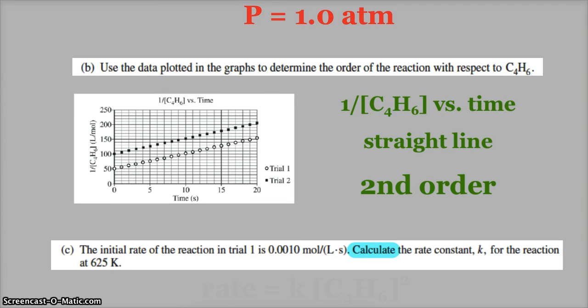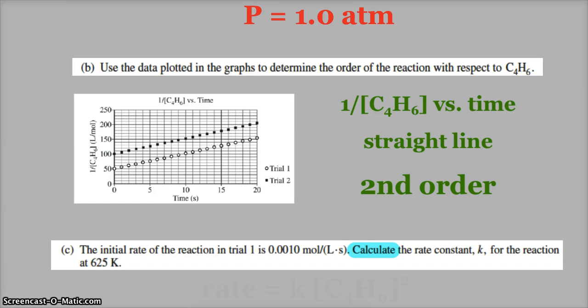And so now it says the initial rate in trial 1 is 0.001 moles per liter second. So let's calculate the rate constant for the reaction at this temperature, because of course the reaction rate is temperature dependent. It doesn't say anything about appropriate units, so you don't have to worry about that here.